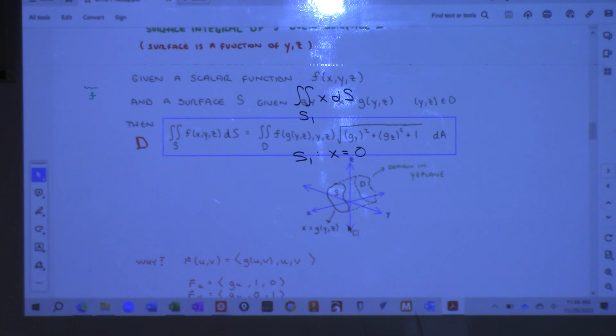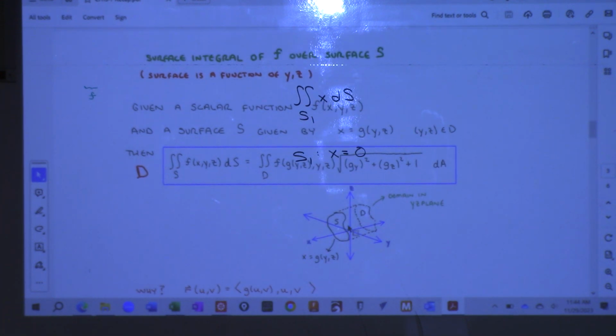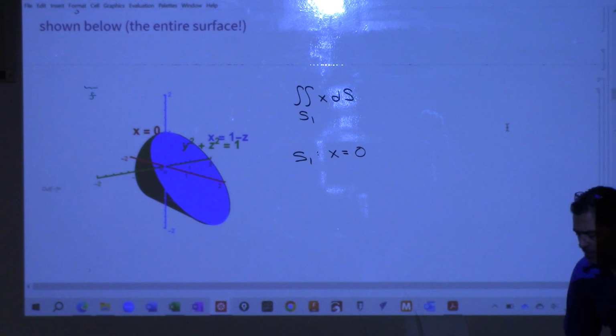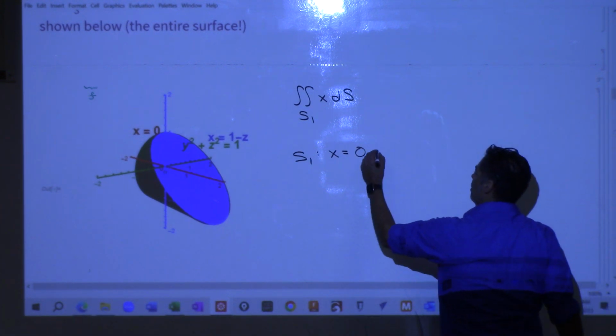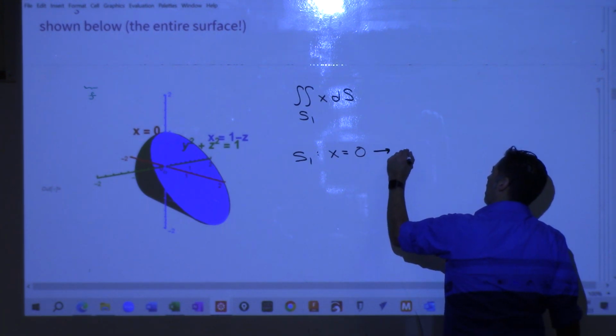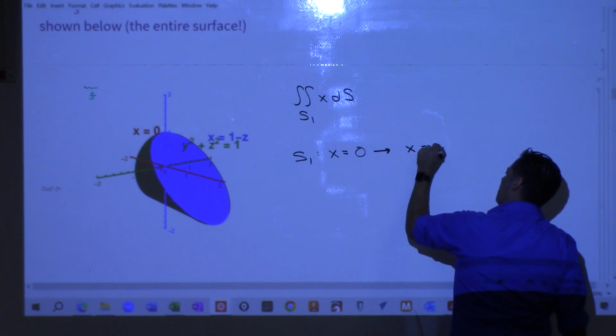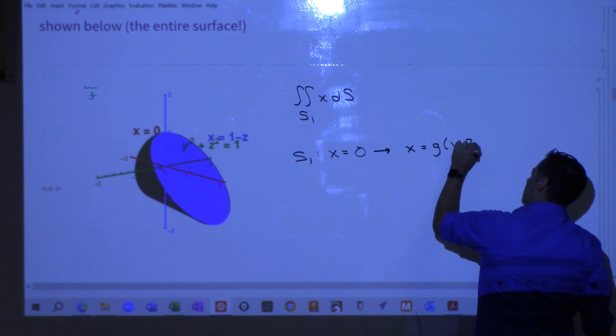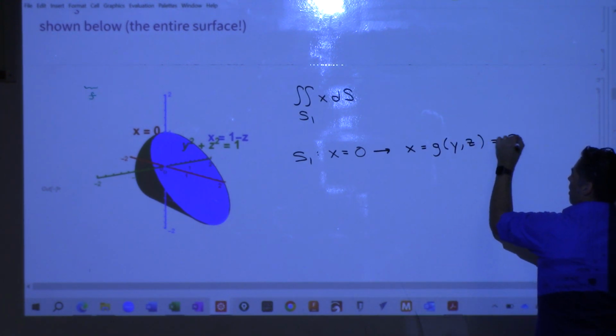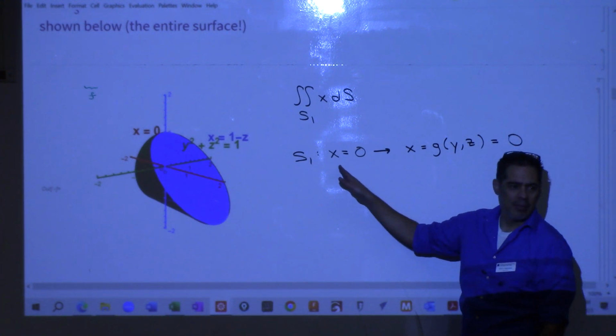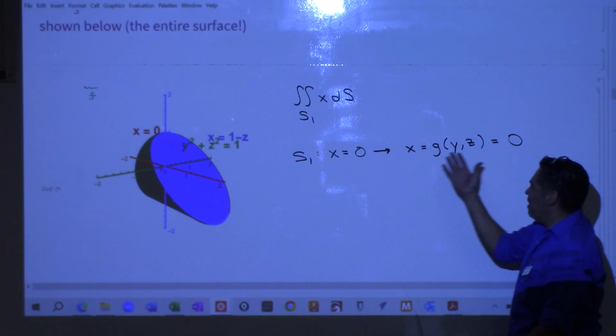In other words, our S1 has to be looked at as x is some function of y and z. Is it? Yeah, it's just 0, isn't it? I mean, that is a function of y and z.